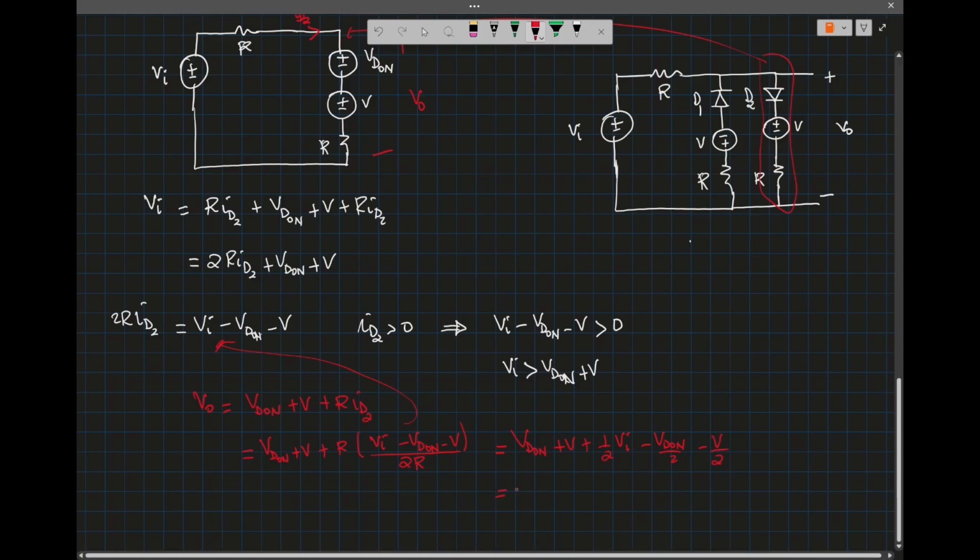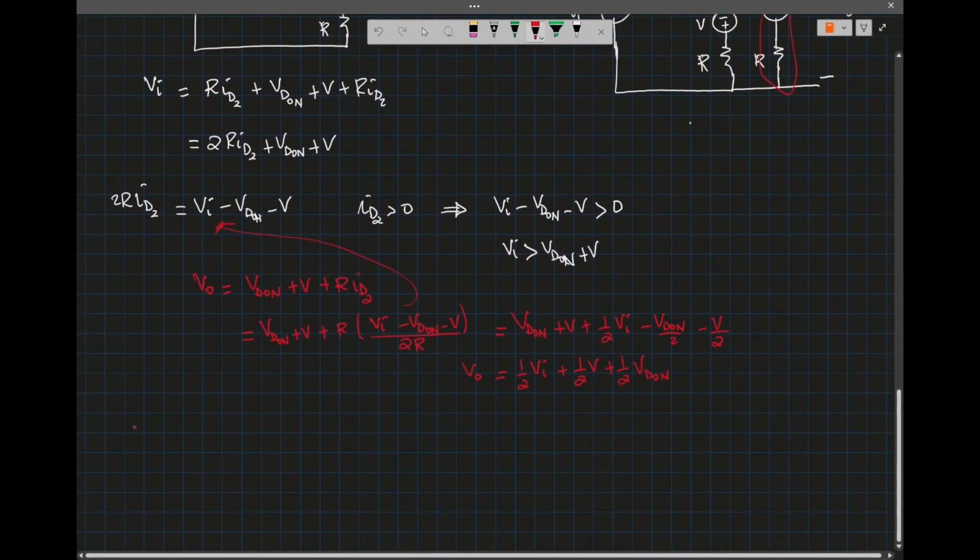So it gives me half VI plus half V plus half VD on, that's V0. So for case 2, V0 equals 1/2 VI plus 1/2 V plus 1/2 VD on.